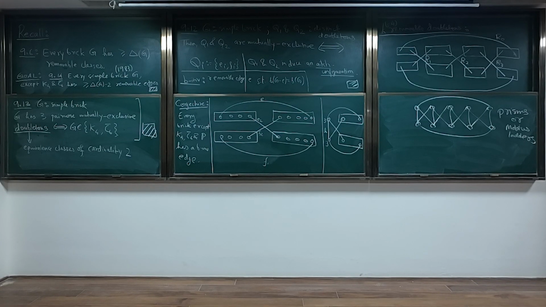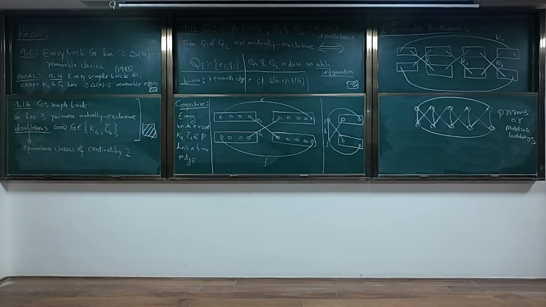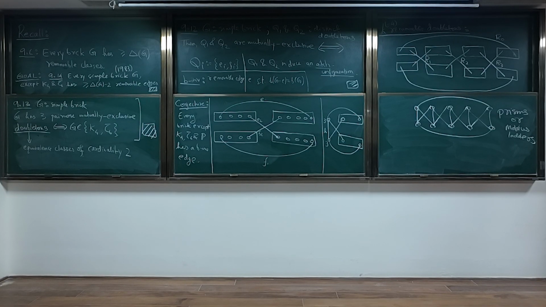Yeah, maybe I should say a few more things that are interesting. So one of the results that they prove is that if you look at simple near bipartite bricks, then you can actually prove the existence of 2 non-adjacent removable edges, except for K4, prism and bicon.